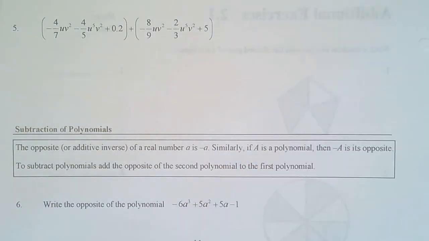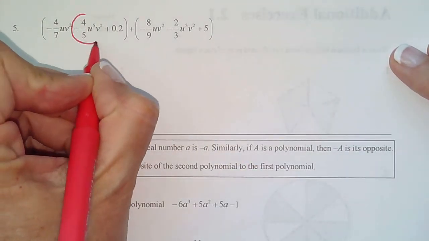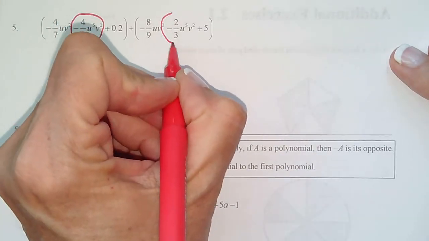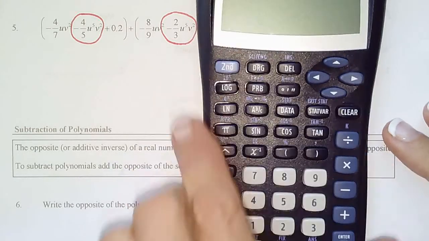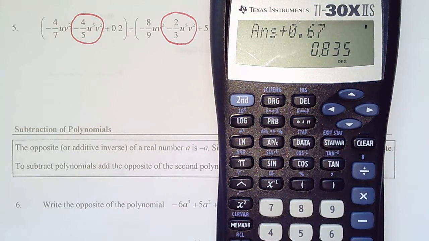So that means -4/5 U to the 5th, V to the 2nd, combined with -2/3 U to the 5th, V to the 2nd, should be our leading term after we find the answer to that. So we're going to type it in just like we see it, just leaving the variables off.